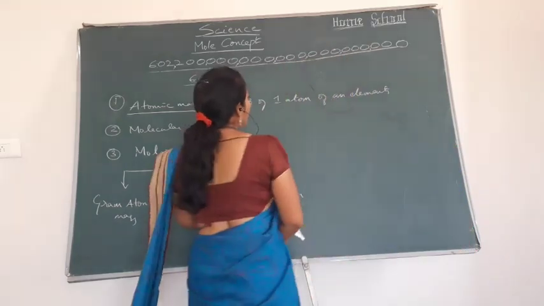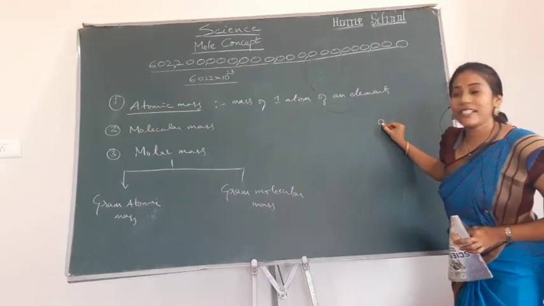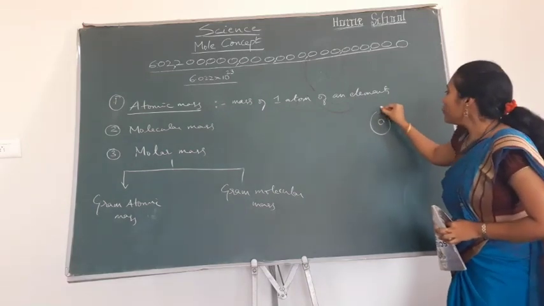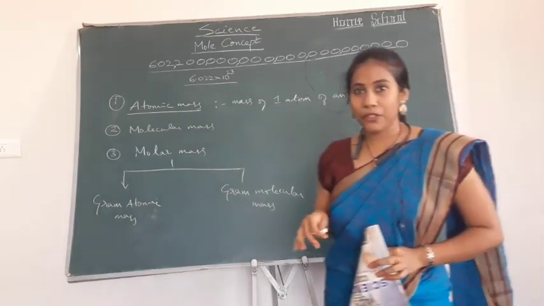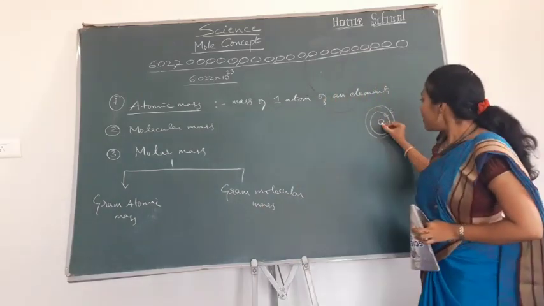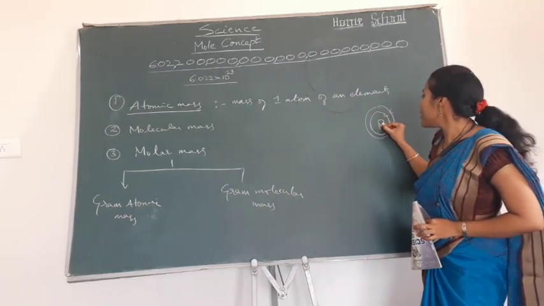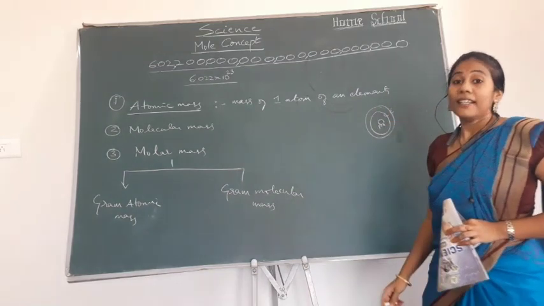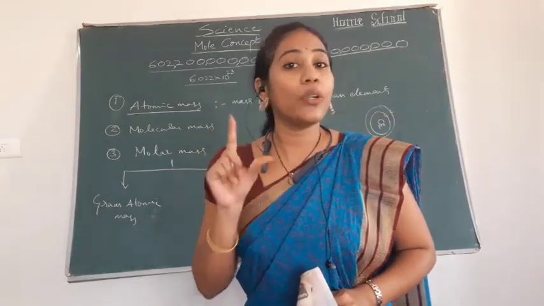So you all know what an atom is, right? An atom has a nucleus at the center and many shells where electrons keep revolving. And what does our nucleus contain? The nucleus contains protons and neutrons. The mass of an atom depends on the mass of the nucleus.